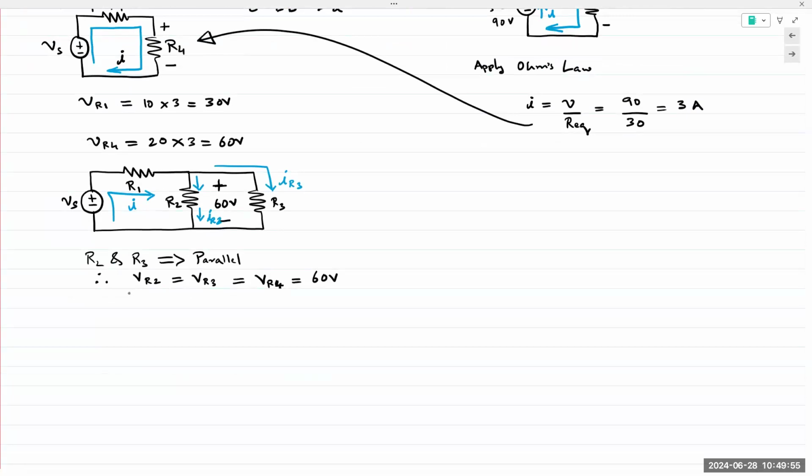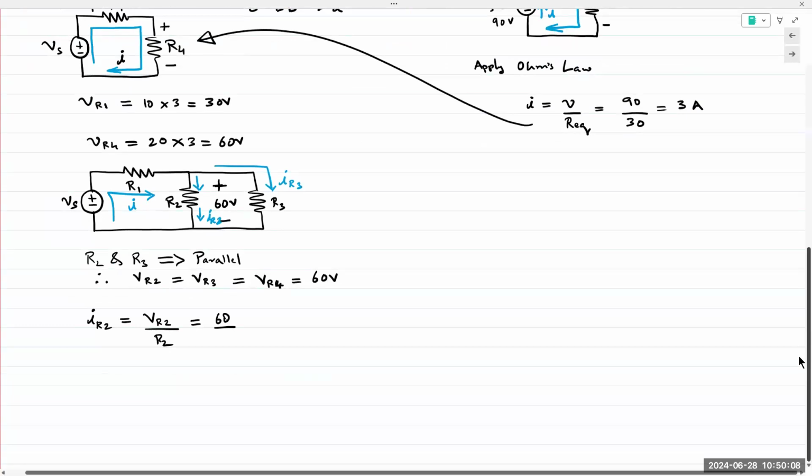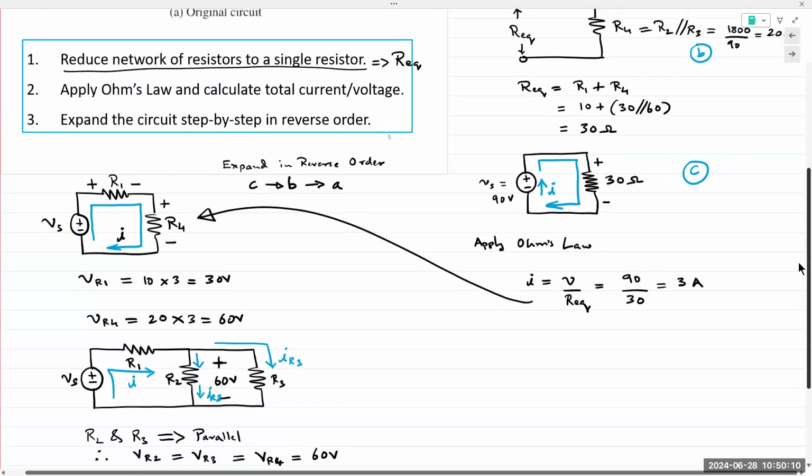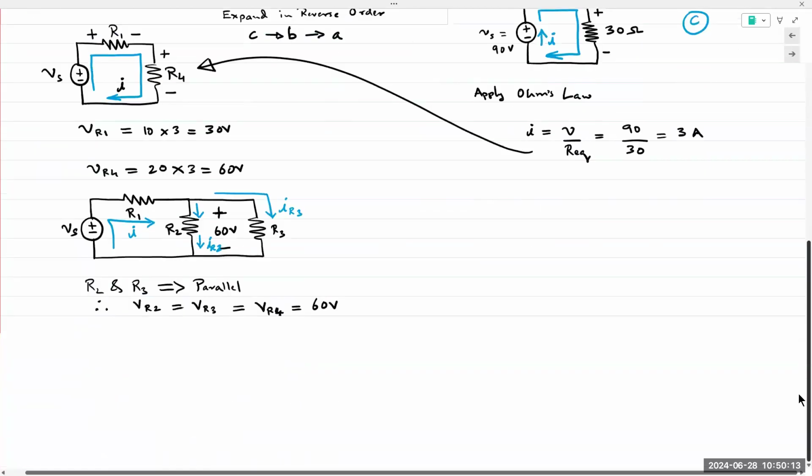All right, then one final step is to apply Ohm's law and find IR2. So it would be VR2 divided by R2. 60 divided by, what is R2? R2 is 30 and then 60.